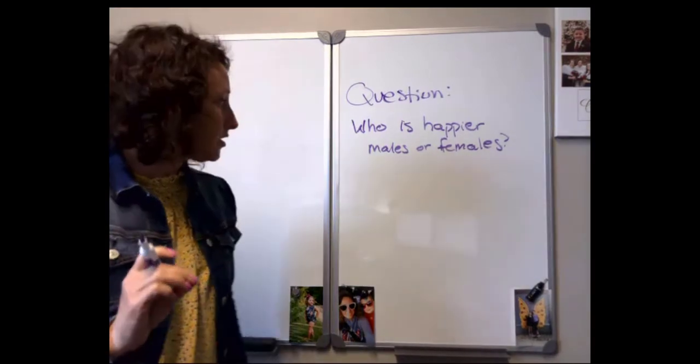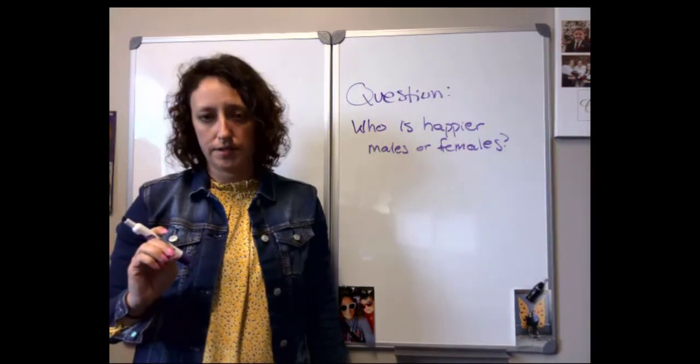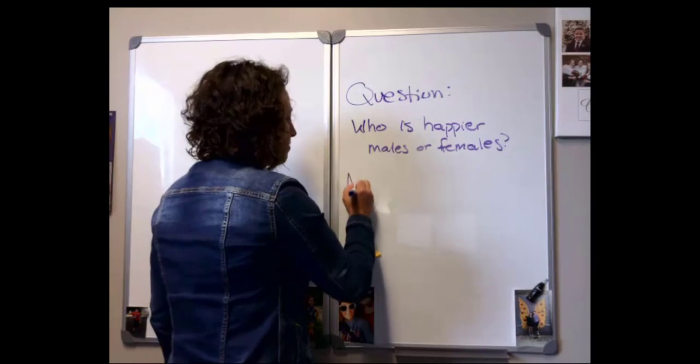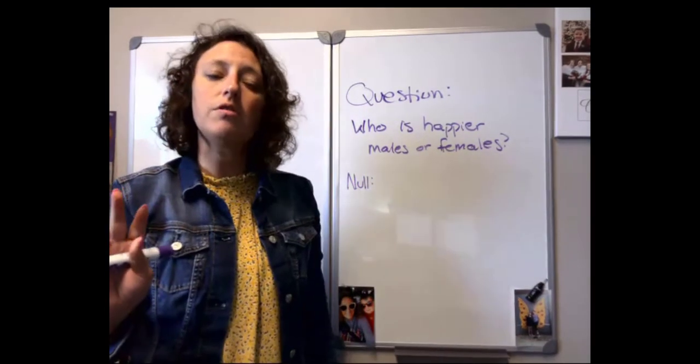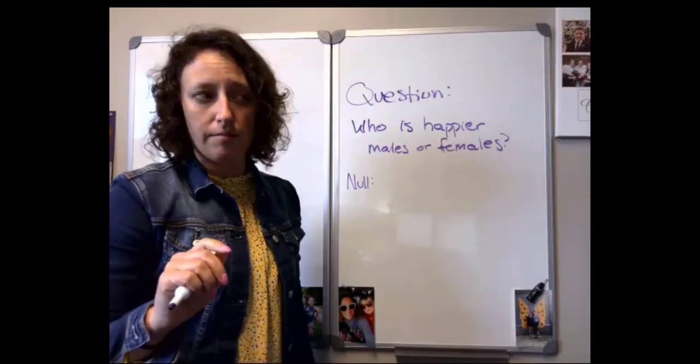What I want to do first is come up with a null hypothesis statement for this. Now remember, our null hypothesis states the groups are equal or there's no differences in our groups.